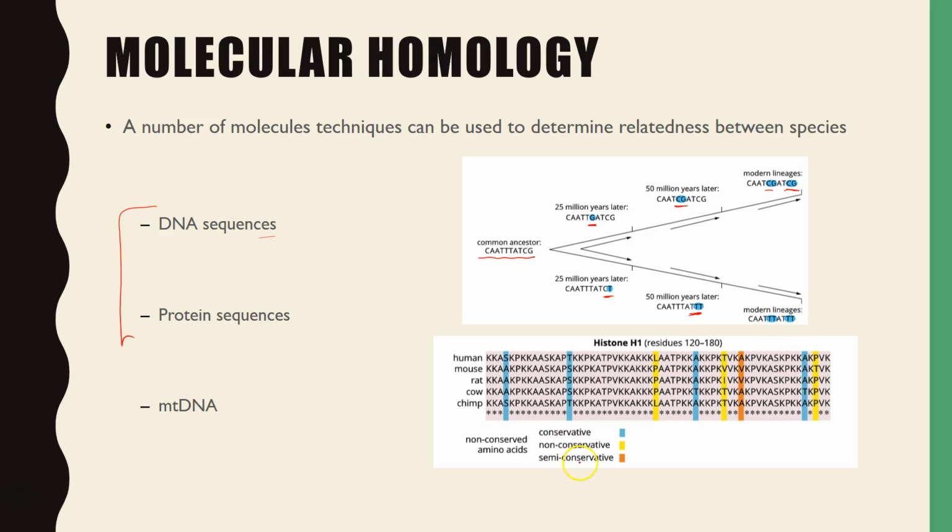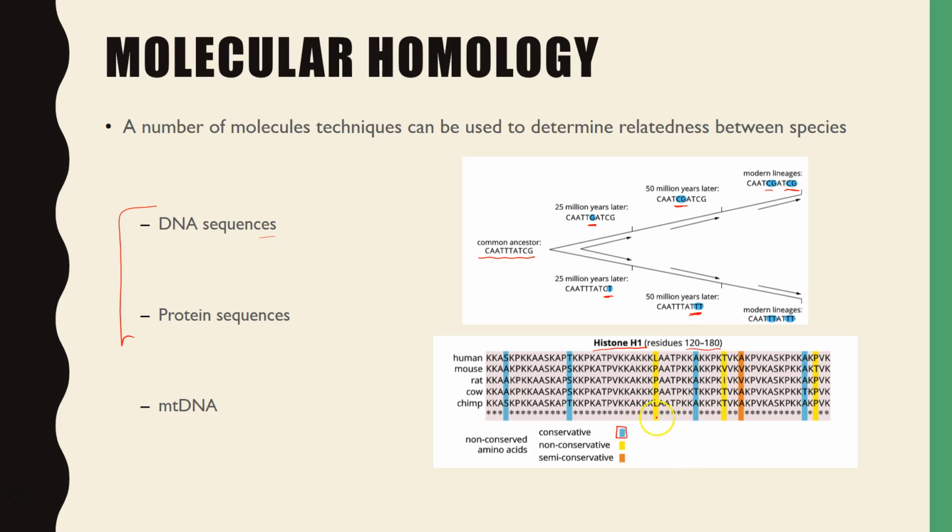Protein sequences can also be used. So here is a particular example of a protein sequence from a histone H1, and these are the residues that it occurs. You can see between the human, the rat, the cow, and the chimp, there are various conserved sequences. So these sequences here are common between all types. That's due to them being highly functional or important for the structure of the protein.